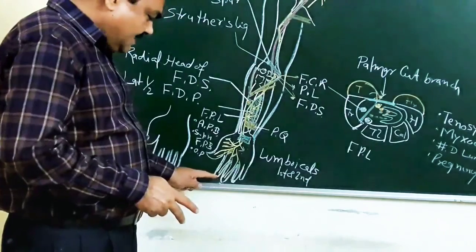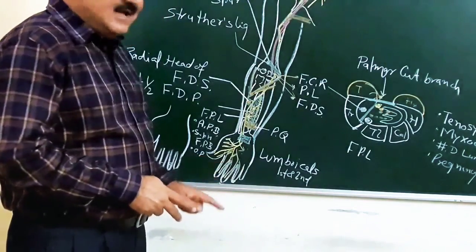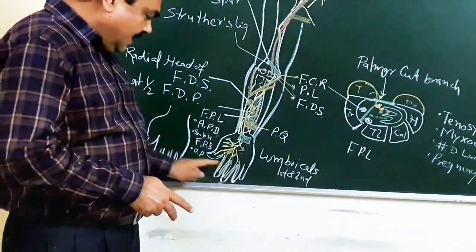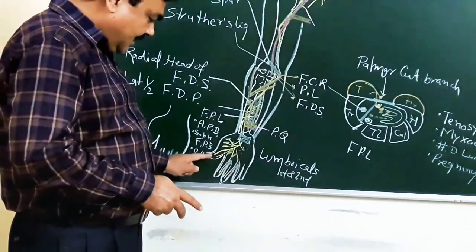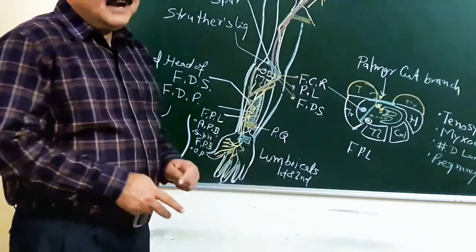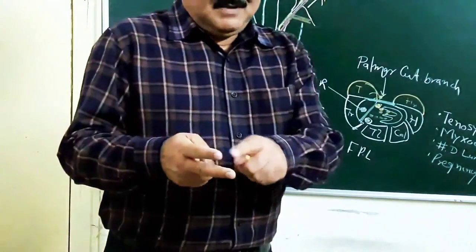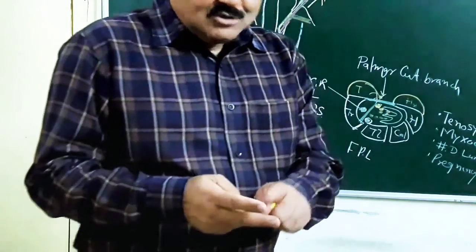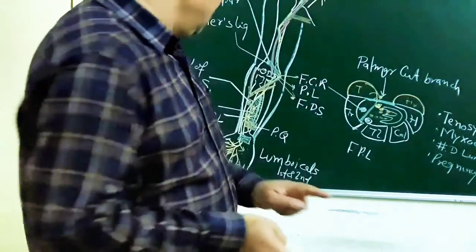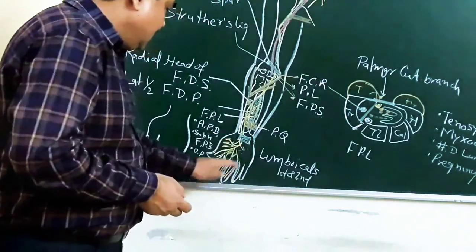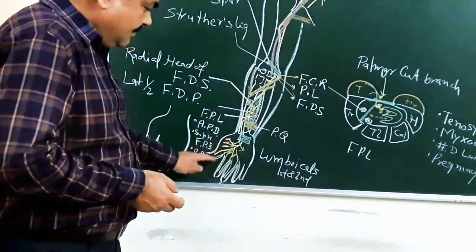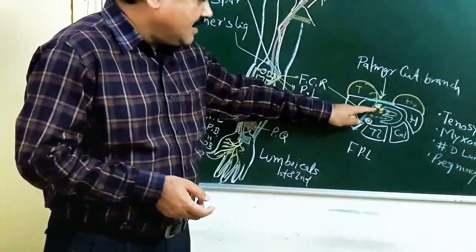This means this area is supplied only by the median nerve. Here there is overlapping of the ulnar nerve, and here there is overlapping of the radial nerve. The tips of these two fingers, if examined, are exclusively supplied by the median nerve. So this part is affected if the median nerve is compressed here.